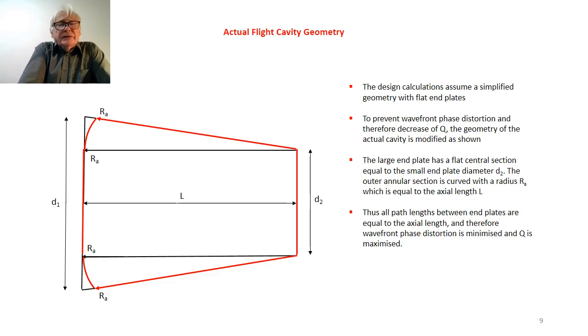This actually means that the real value of D1 is slightly less than the value that we put into the spreadsheet itself.